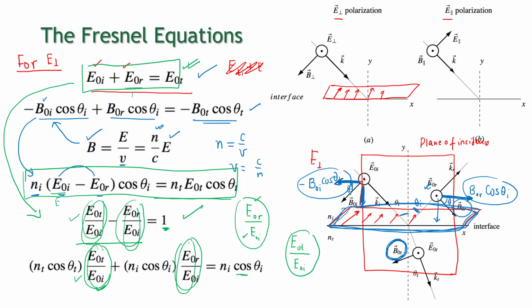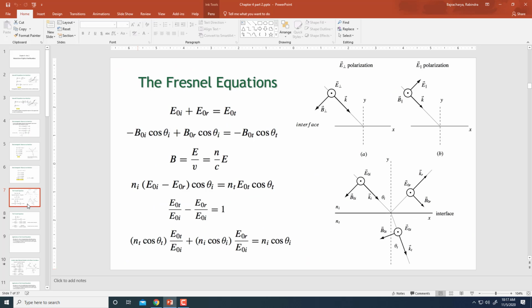How do we solve them? You eliminate one of the variables. Let us say you want to eliminate E0T over E0I, or let us eliminate this one. To eliminate this one, what you need to do? There are different ways to solve this. So one way is, let us see.